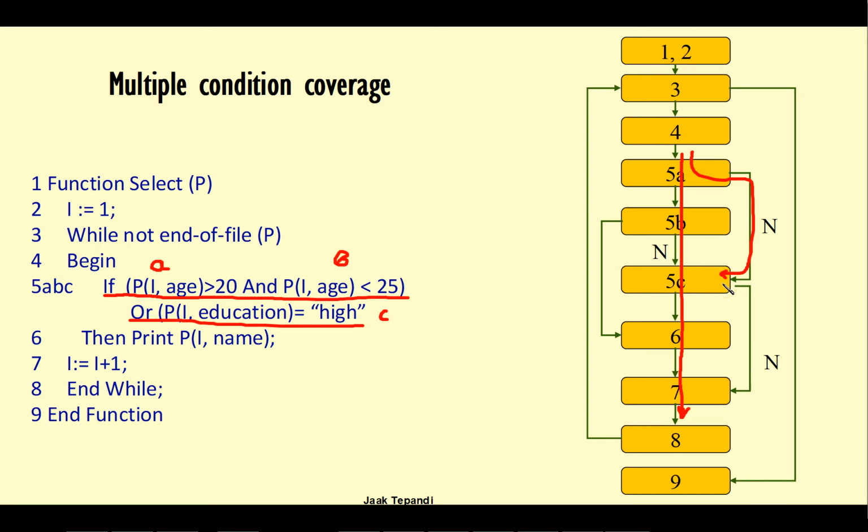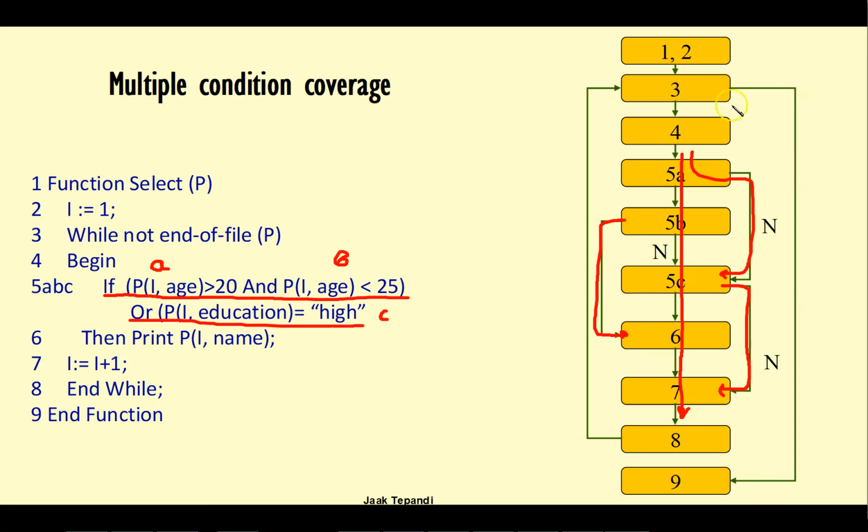Now, perhaps it's not always possible, but perhaps we can join these two cases, but we need to cover this branch and this branch. And finally, we need to cover this branch.